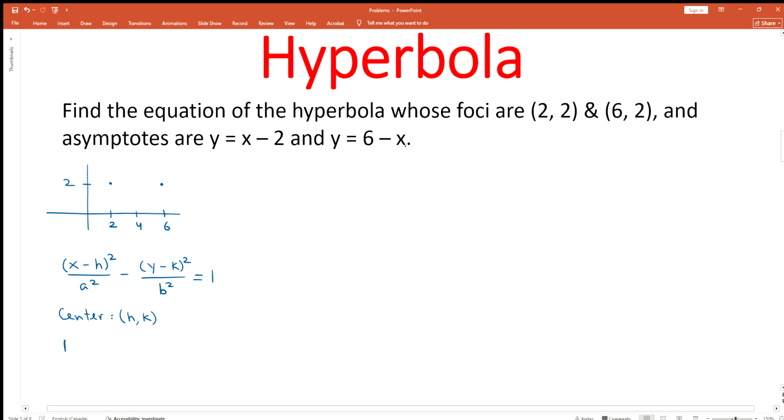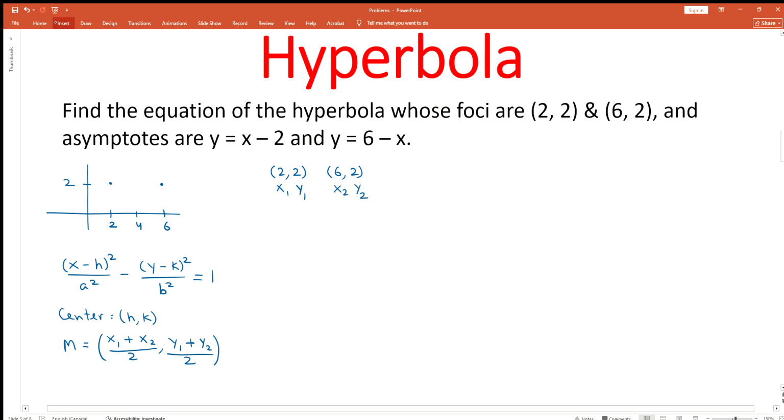The midpoint formula is ((x1 plus x2) over 2, (y1 plus y2) over 2). The given foci points are (2, 2) and (6, 2). We can label one of them as (x1, y1), the other one as (x2, y2).